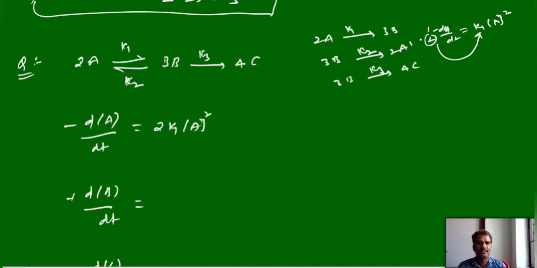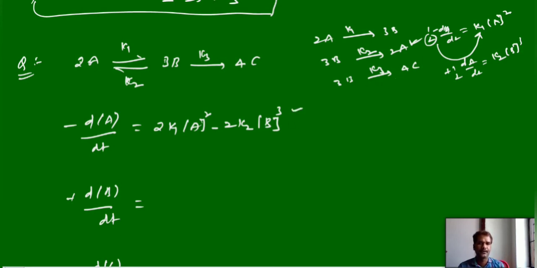Now second case, this one. Now here the A is acting as a product, and this is plus 1 by 2 dA by dt is equals to K2 into B power 3, but we required minus dA by dt, so that is minus 2 K2 B power 3. In the third equation there is no involvement of A, so this is a rate expression overall for dA by dt.